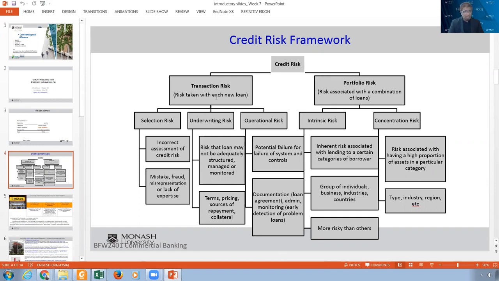Let me talk about the transaction risk, which is the risk taken with each new single loan. All of those loans later on will be a portfolio, and the management of the portfolio risk is a different issue, which is coming here. Most of the modeling is dealing with the transaction risk, which is week 7.